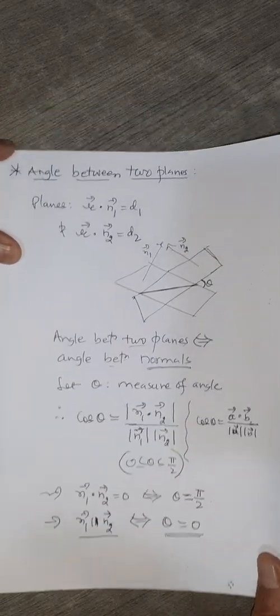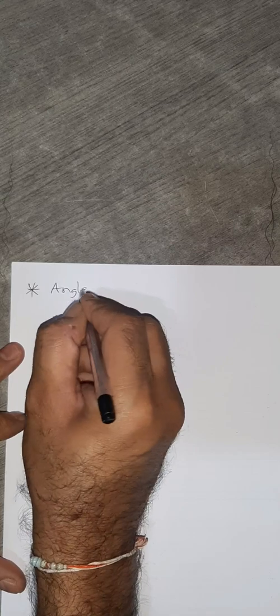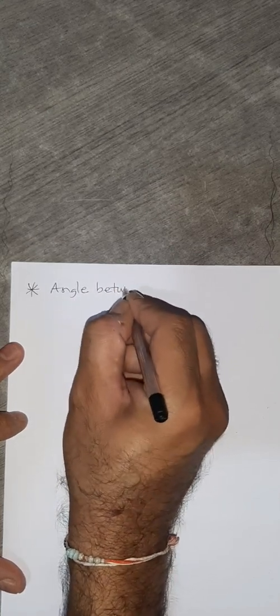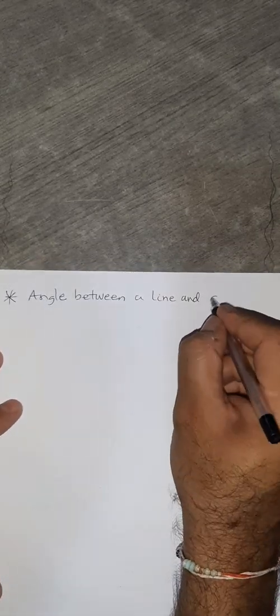Okay. Now the next and the last theory is the angle between a plane and a line, which we want to write. So the next one, let me write here, the angle between a line and a plane.